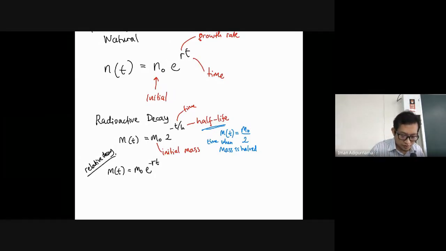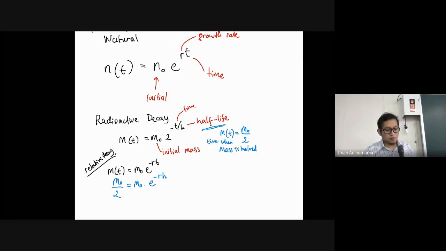Let's change the m into m0 divided by 2. Let's say this is the h, because my mass is already half.